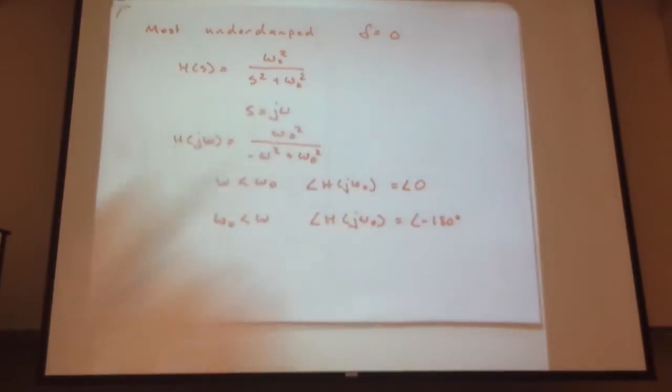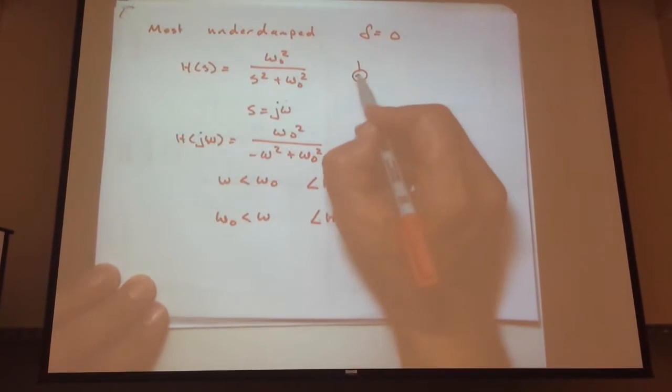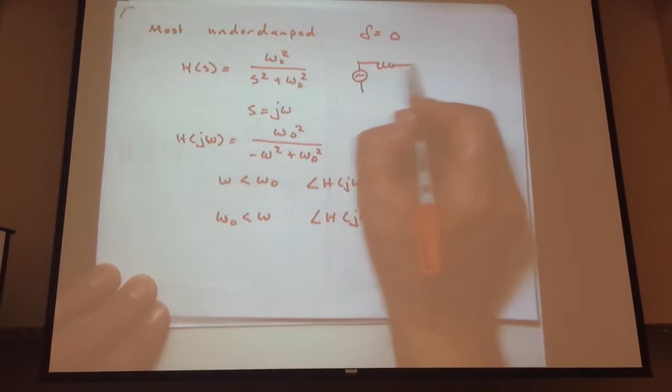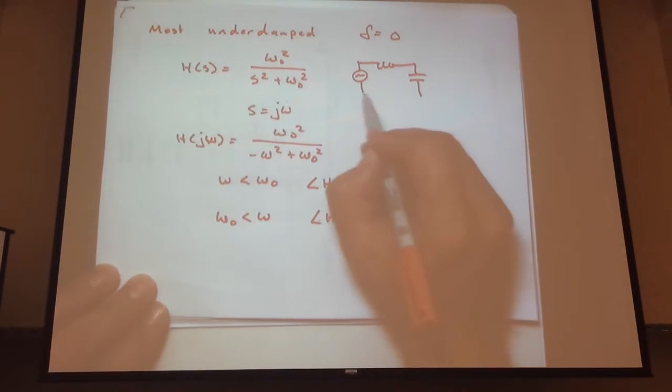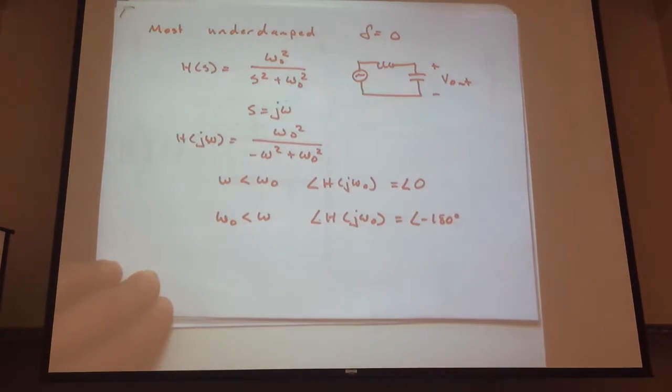Coming back to this for a second, what does this circuit look like? Were we to build it? How could you build it? I just said it a second ago. Take out the resistor. What happens if you take out the resistor?